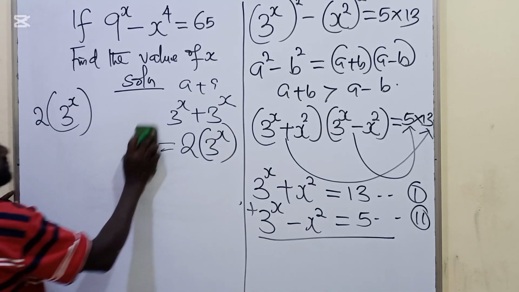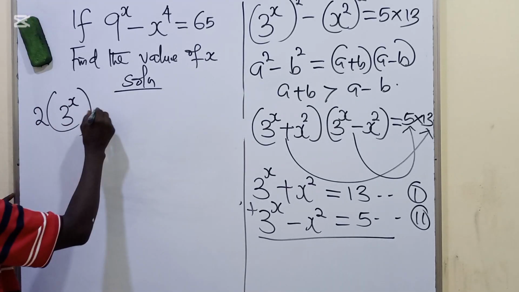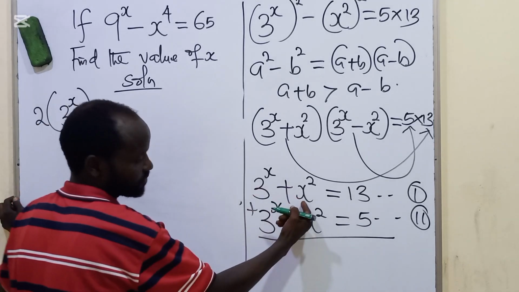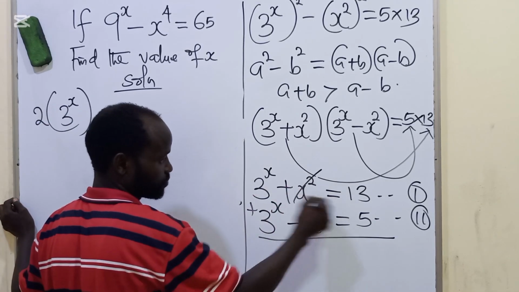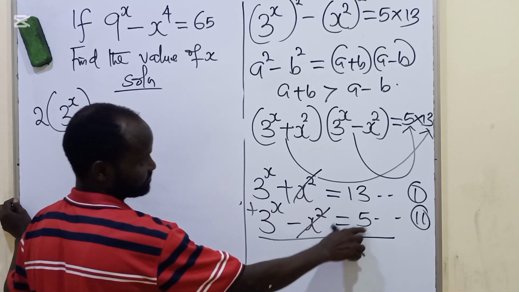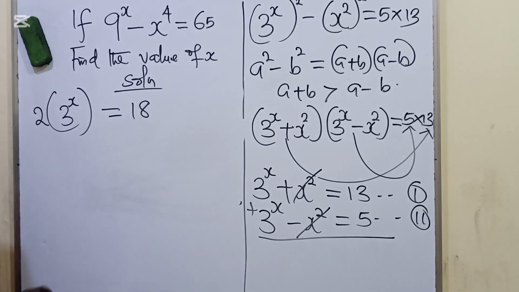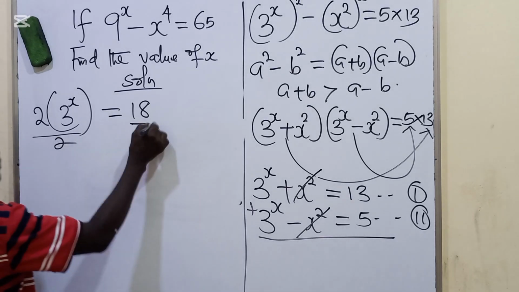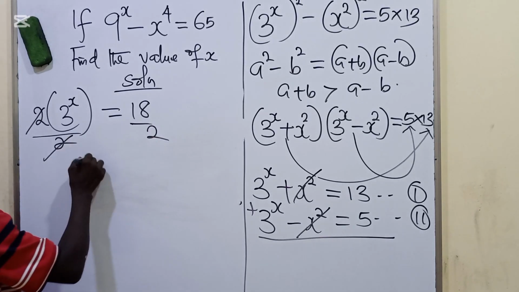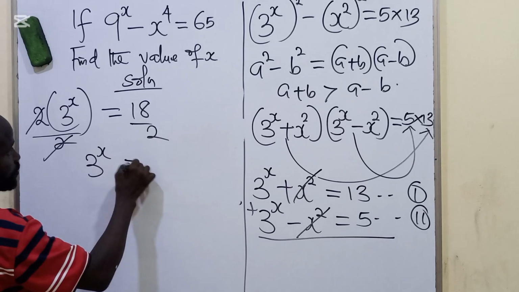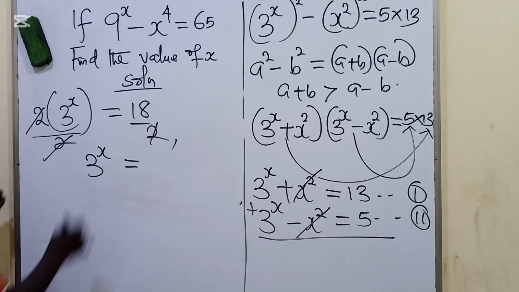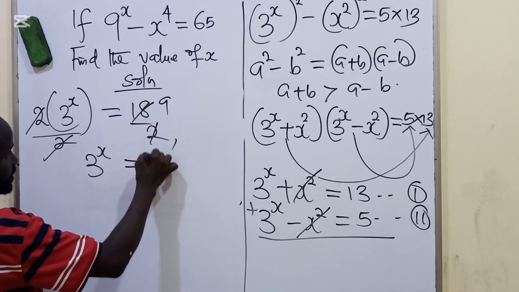Very important. Okay, so this will now be equal to, of course, x² minus x² will be 0, then 13 plus 5 will be 18. Very important. Then at this point, our aim is to find x. We can divide both sides by 2. We're left with 3^x equals 18 divided by 2, which is 9.